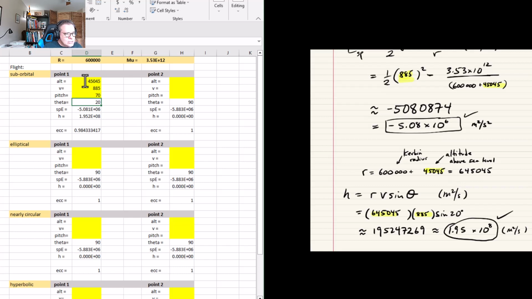Everything looks good. So then we can now take point 2 and use the same formulas. Let's speed it up. Let's put it into Excel here.